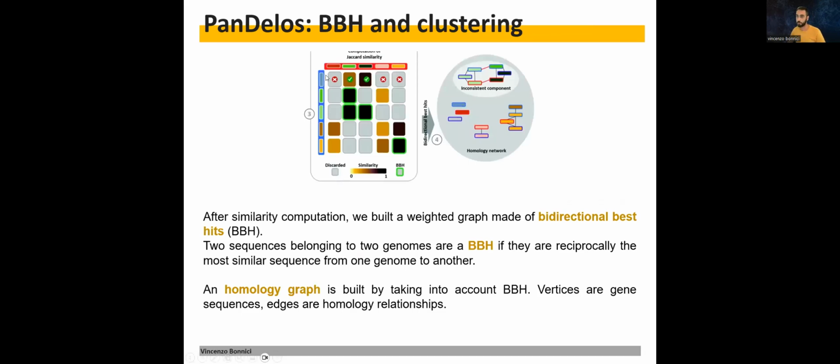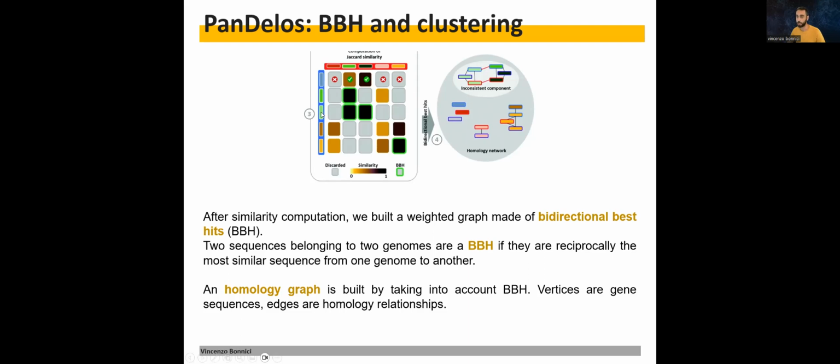Then for each pair of genomes, we have to compute the bidirectional best hits. A bidirectional best hit is a pair of genes such that one gene belongs to one genome, in this case the blue genome, and the other gene belongs to another genome, in this case the red genome. They are in a bidirectional best hit if they are reciprocally the most similar sequence from one genome to the other.